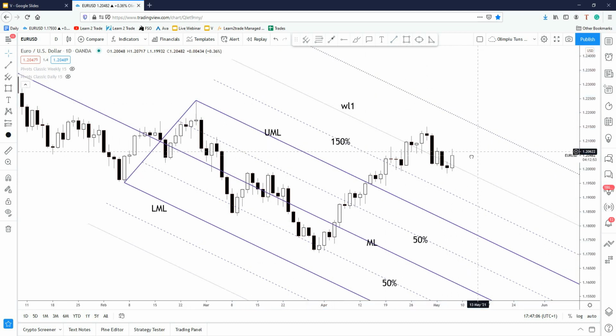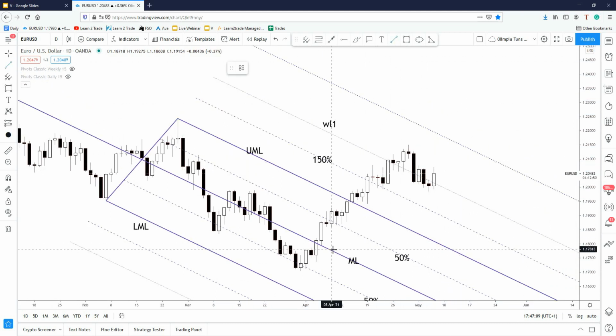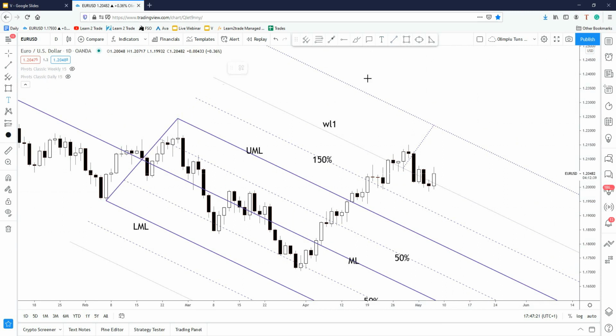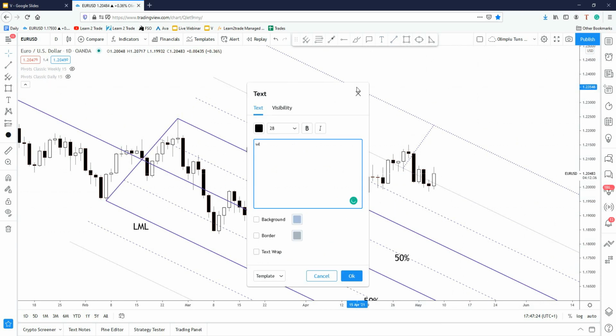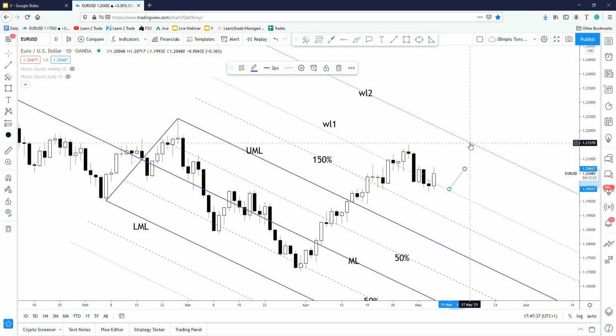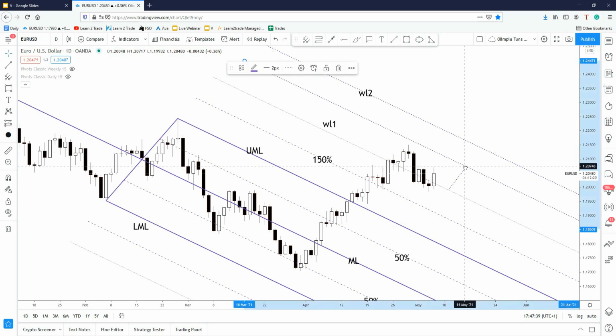So now we'll have to draw it manually. So we'll take this distance, and here we'll have the second warning line, and at the half of the distance between the warning line 1 and warning line 2, we'll have the 250% Fibonacci line, sorry.